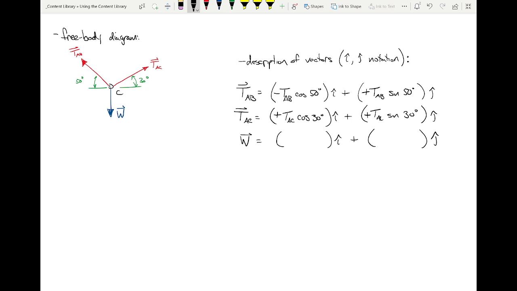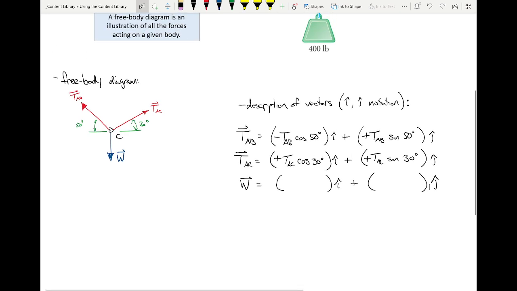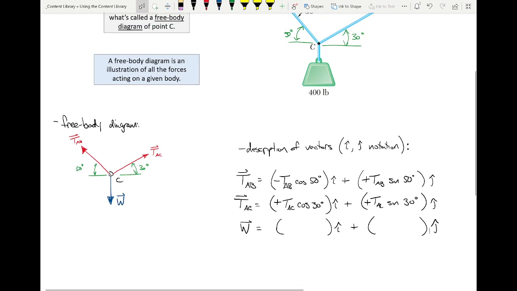But I'm glad you're thinking that. Negative 400. There you go. Somebody said 400. If you said 400, take your hand out. That was a joke. Negative 400 pounds, because it's going down. That's a very easy mistake to make.